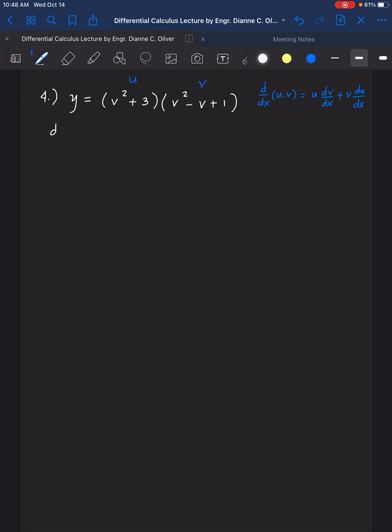So dy, the solution here is dy over dx. No, we will be using b. So dy over db is equal to, again, copy u here. Oh, sorry, literal u. So copy u, b squared plus 3, then derive b. We will be using a bracket for the derivation. So derive b.